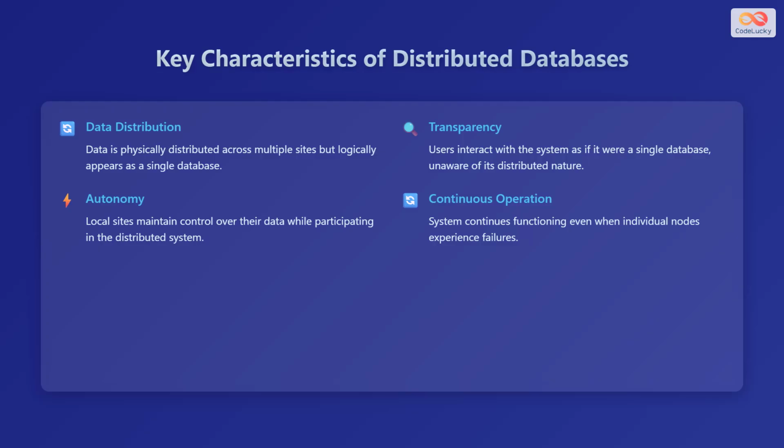Autonomy is also crucial. Each local site should maintain control over its own data, even while participating in the distributed system. Finally, continuous operation is essential. The system needs to keep running smoothly, even if individual nodes experience failures.